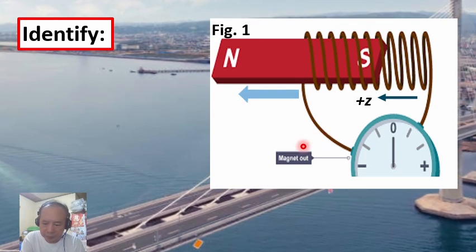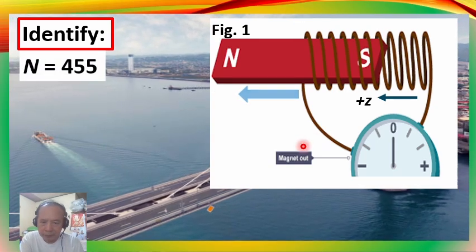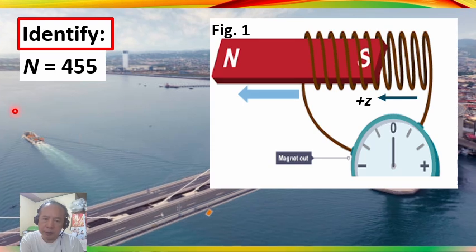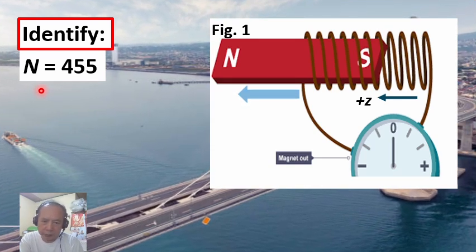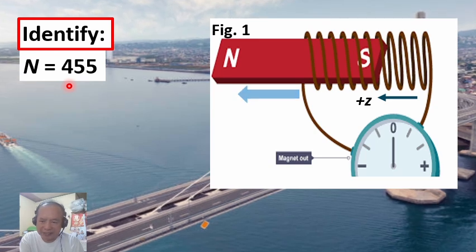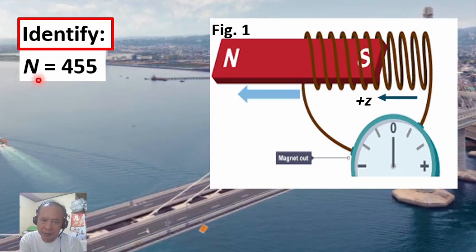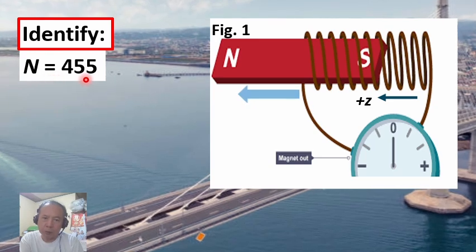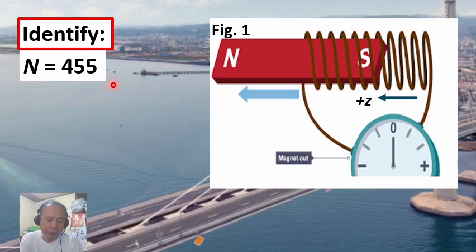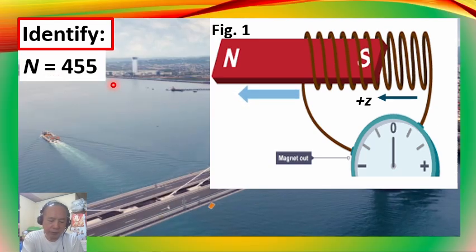In this problem, we are given the number of turns in the coil, or the number of windings, denoted by capital N, which is equal to 455 turns.